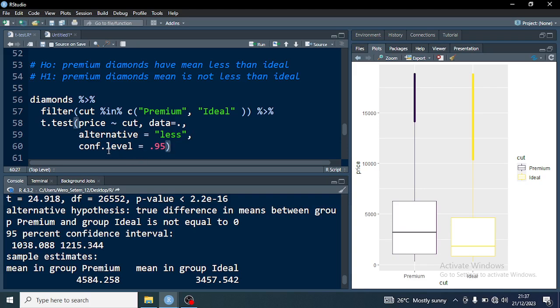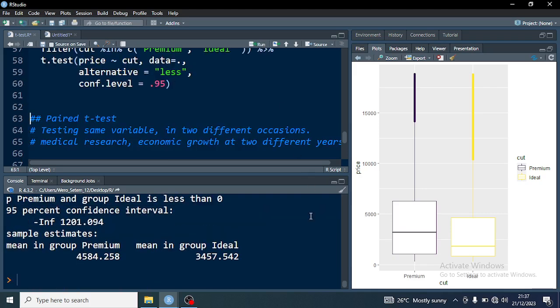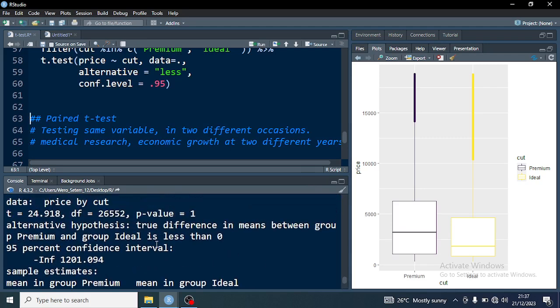Let's run this. The confidence interval is 95. You can as well change this one to 99 or to any value you want. Let's run that. And interestingly, our p-value is 1. This p-value is greater than 0.05. What does that mean?